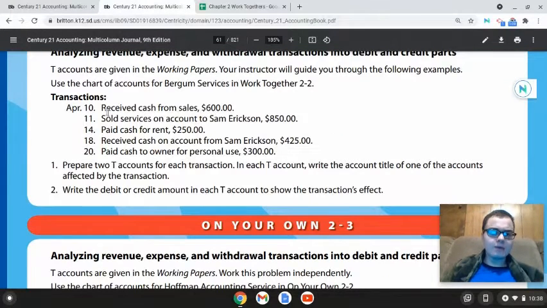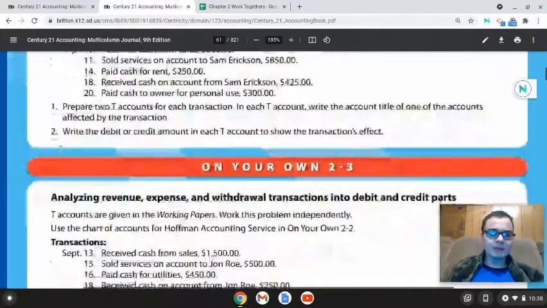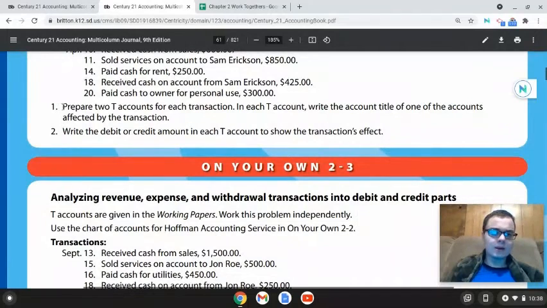In addition to that, we are also given 1, 2, 3, 4, 5 transactions in the instructions as well. And it says down here, for number 1, prepare 2 T accounts for each transaction. In each T account, write the account title of one of the accounts affected by the transaction. And for number 2, write the debit or credit amount in each T account to show the transaction's effect.